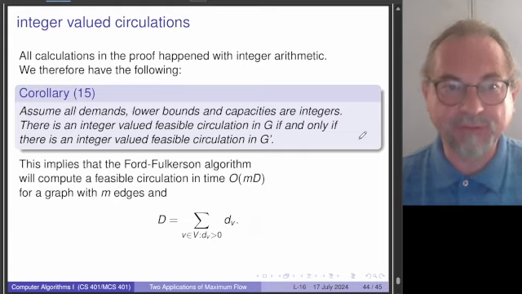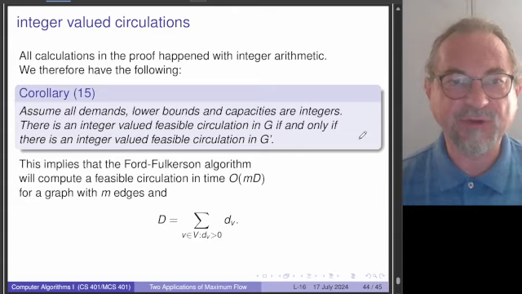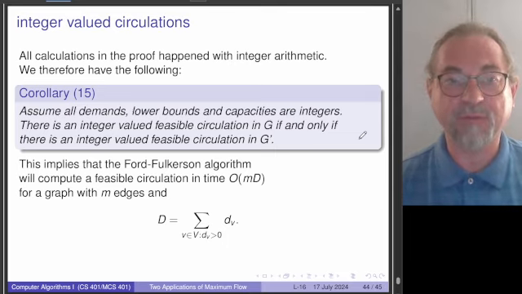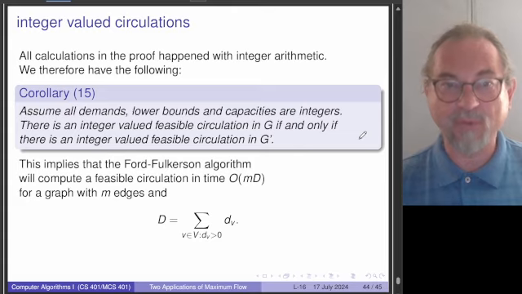But we assume everything is integer, so the Ford-Fulkerson algorithm will compute an integer flow, and that flow will be equal to the sum of the demands. So here we have now an algorithm that runs in pseudo-polynomial time again, as we observed before.